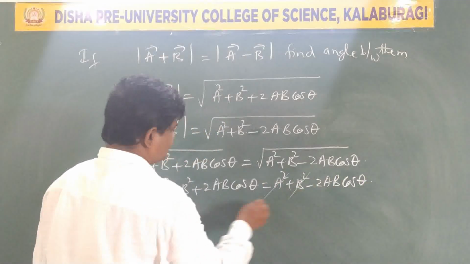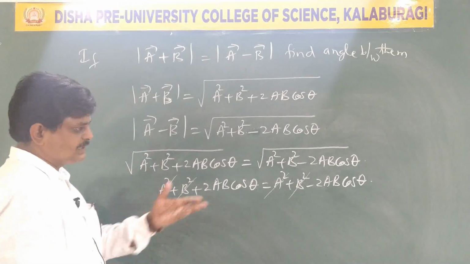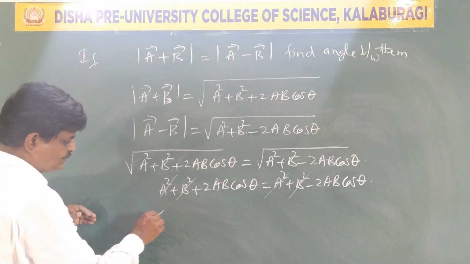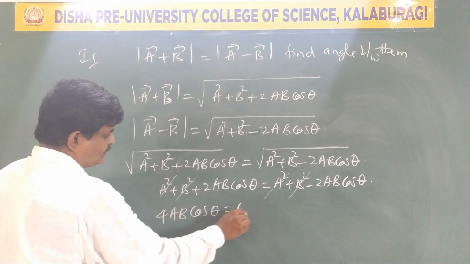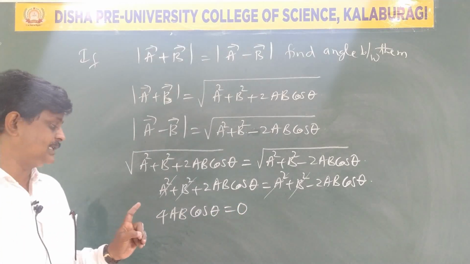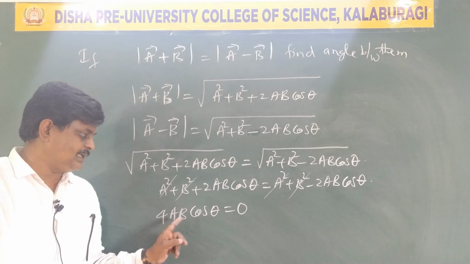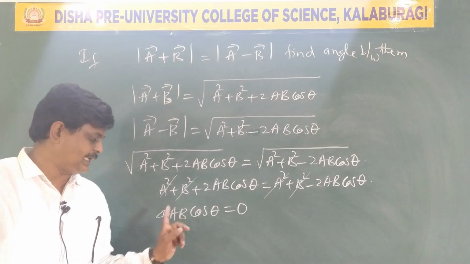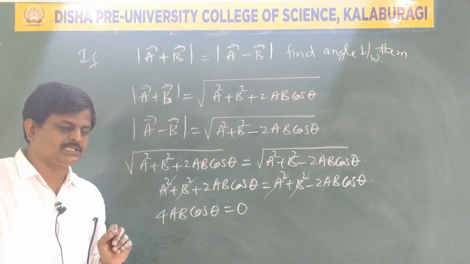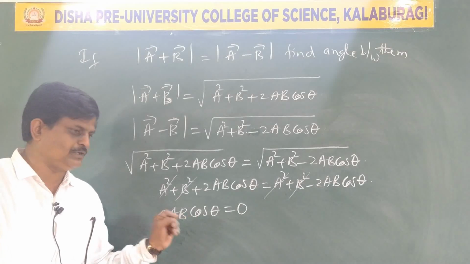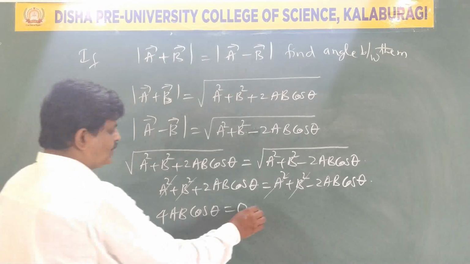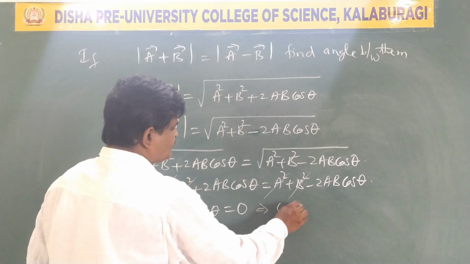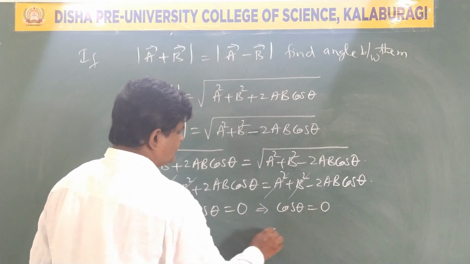Just see, these two cancel away. So altogether how much is it? 4ab cos theta is equal to 0. Now what does it imply? a is equal to 0? But a and b are non-zero vectors, remember? Since a and b are non-zero vectors, the only possibility is that cos theta is equal to 0. What does it mean?